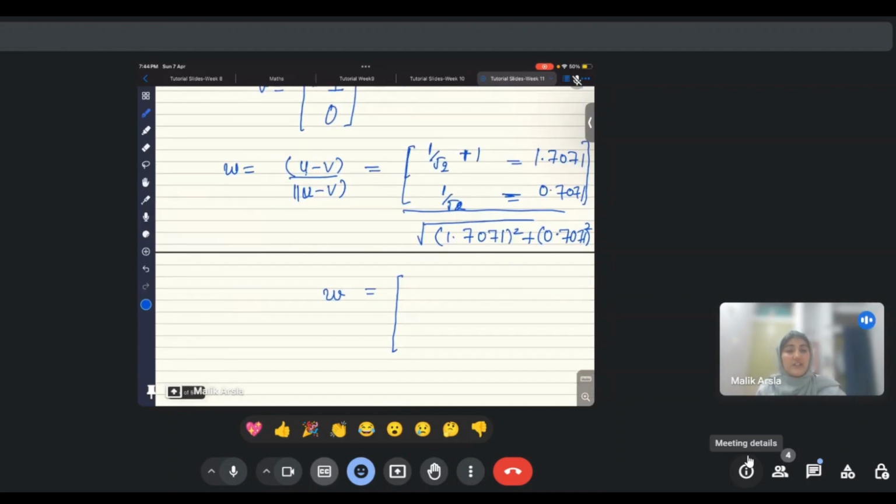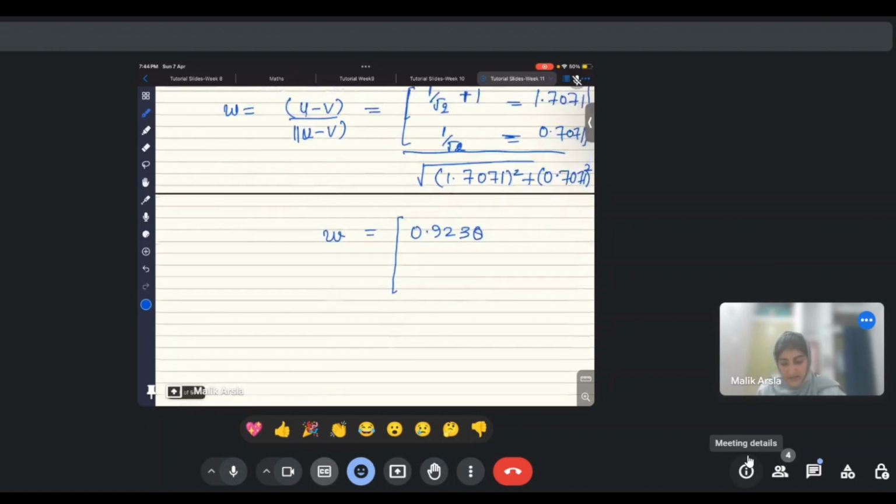So what is the first entry of W? 1.7071 divided by this magnitude. Won't take too much time. It's simple. It's coming out to be 0.9238. And the second entry is similarly coming out to be 0.3827.